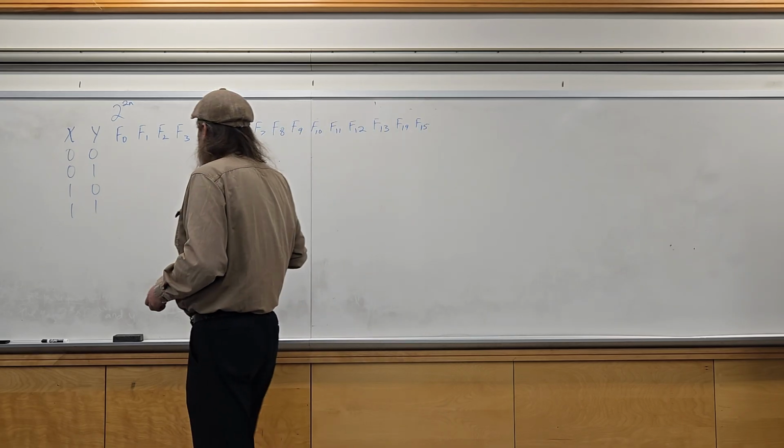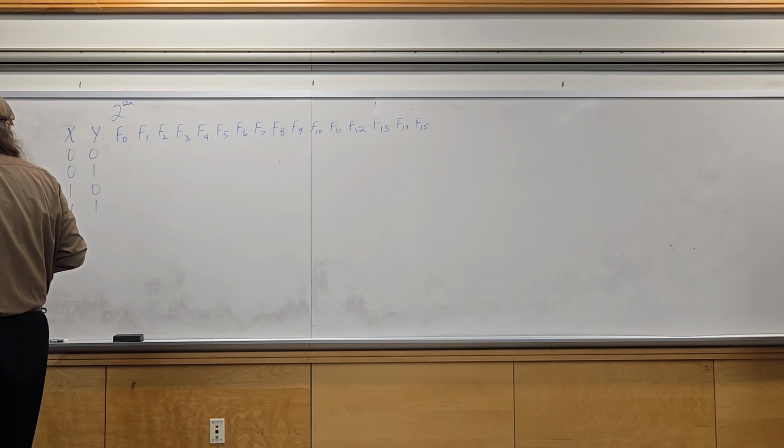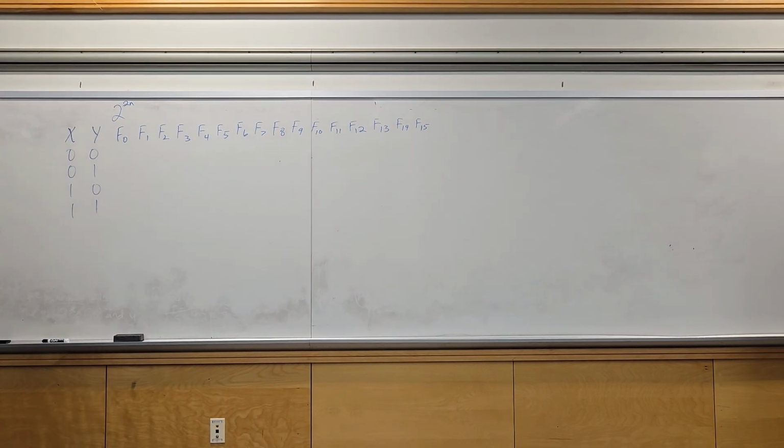So there's 16 possible functions that you can have with two variables. 2 to the 2n, so that's 2 to the 2 times 2, or 2 to the 4th, which is 16 functions that you can have with two variables.